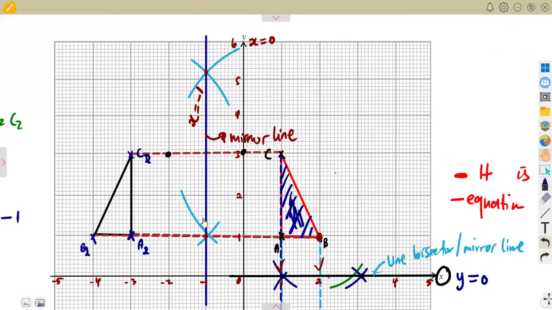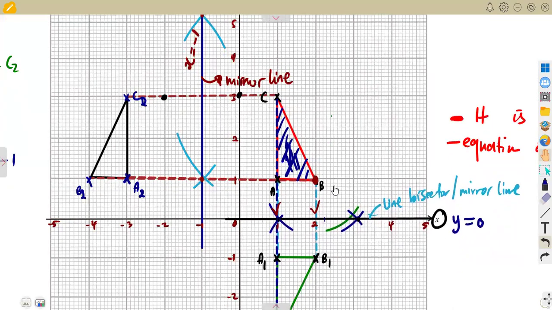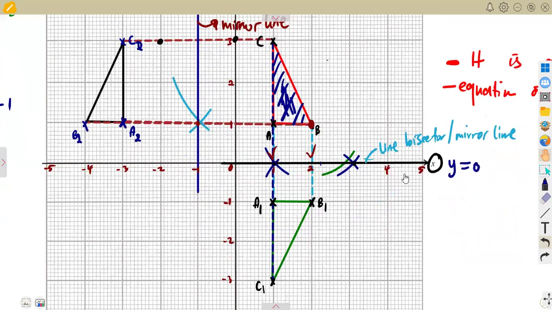As we can see, in each and every case that we are going to have, it's either the mirror line is along the horizontal, y is equal to 0, or maybe y is equal to minus 2, y is equal to 1, or it can be vertical like this.